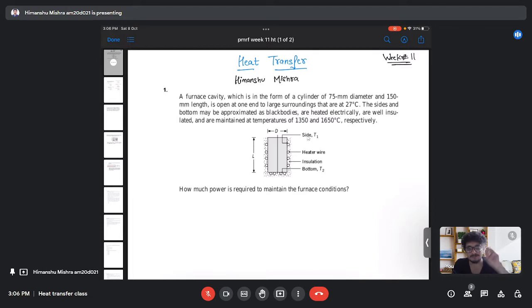How much radiation will be emitted from the sides as well as from the bottom to the outside depends upon the view factor. So we first need to calculate the view factor from the sides as well as from the bottom, and then we will use those view factors to calculate the heat transfer.